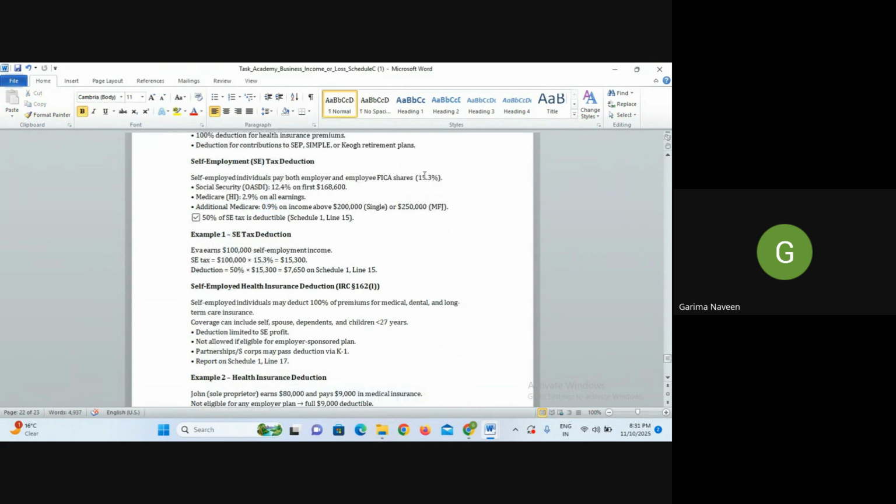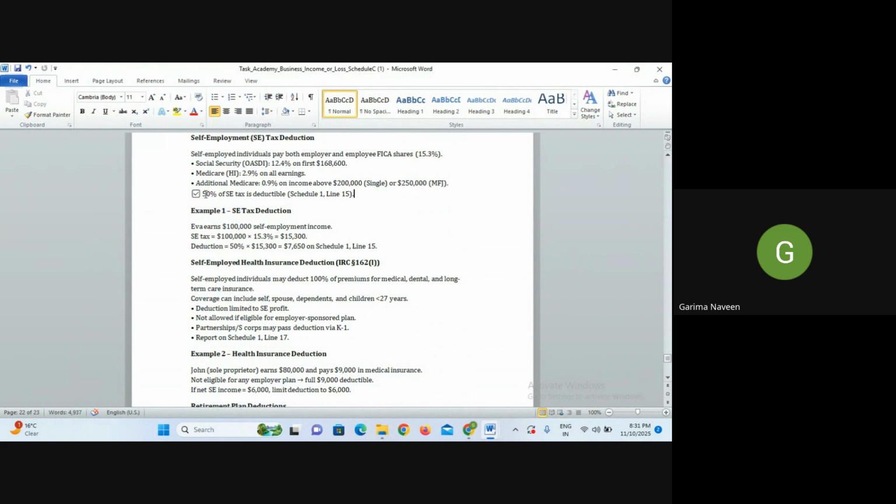Under this, you are paying both the employer as well as the employee taxes. That means you can get 50% of the deduction in your Form 1040. This 50% is calculated on the net earnings of the self-employed person.